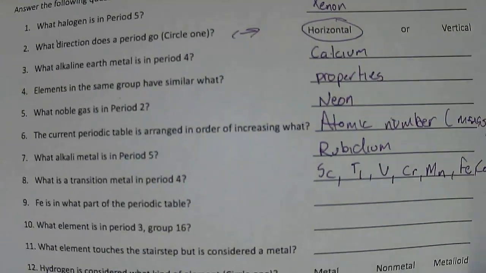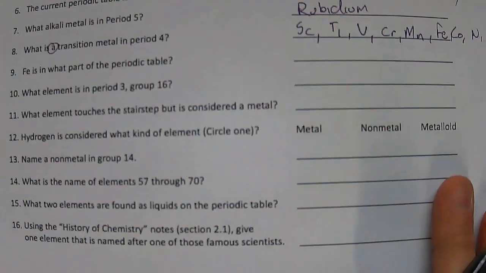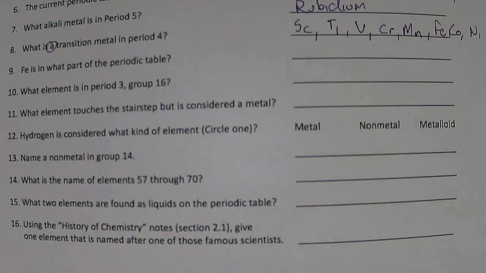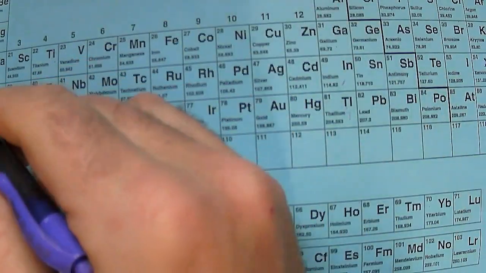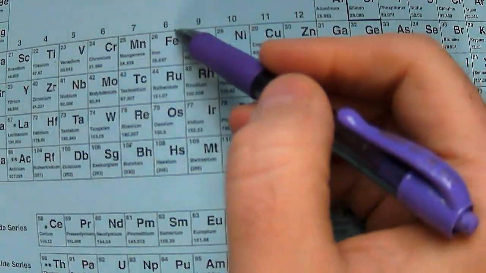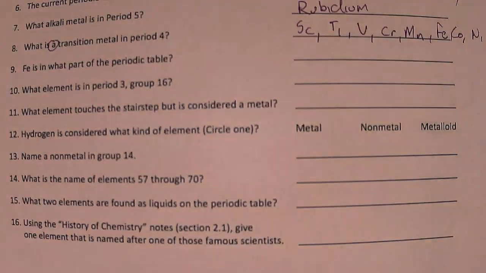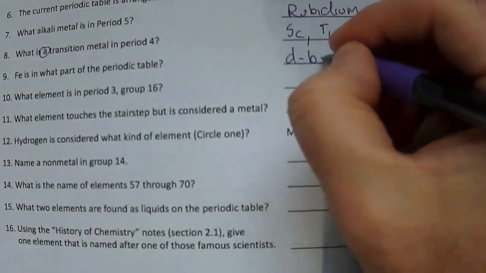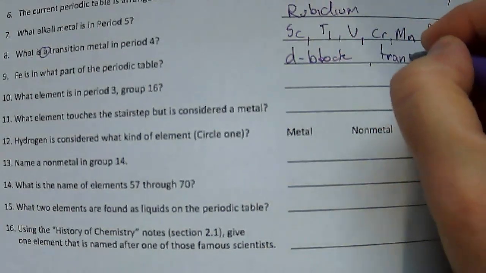And so the question says, what is a transition metal? It's not the only one. Okay, Fe is in what part of the periodic table? So you could answer this question in a lot of different ways, but I think the best, so you could say it's in period 4. You could say it's in group 8. But I think the best part is to either say that it's in the D block or to say that it's a transition metal.